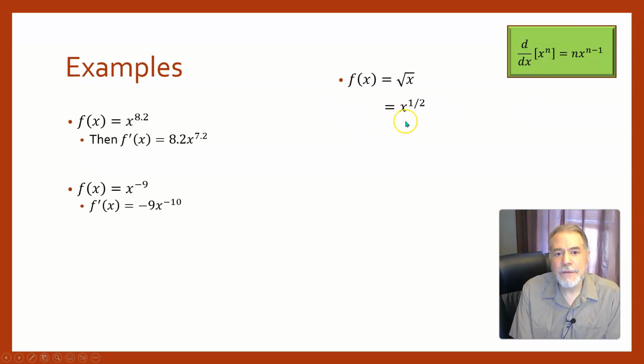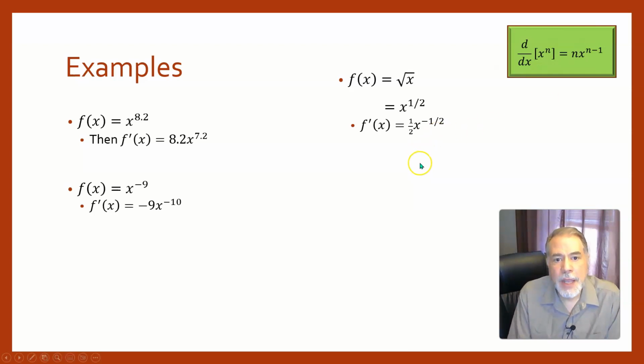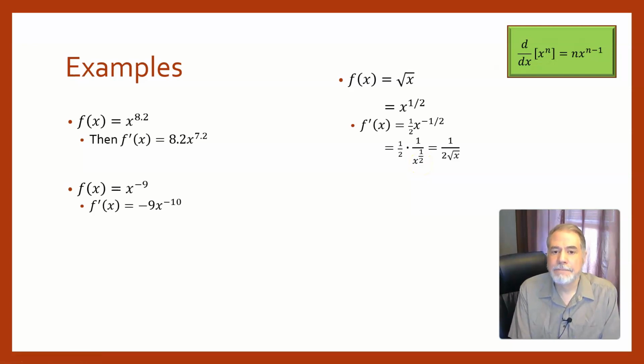So if f of x is x to the 1/2 power, then the power rule says that f prime of x, the derivative, should be the power 1/2 times x to the power minus 1. And 1/2 minus 1, that would be 1/2 minus 2/2, so that would be negative 1/2. So for the derivative, we got 1/2 times x to the negative 1/2.